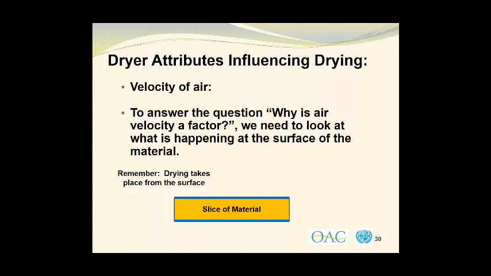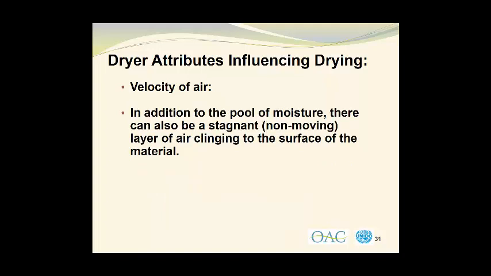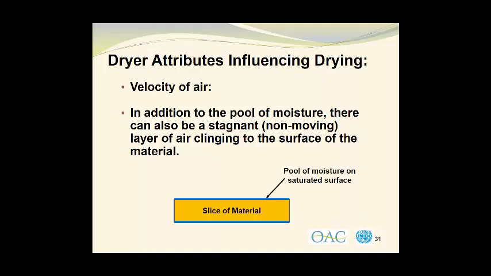Here we have a slice of material with a pool of moisture on the saturated surface, and that is the location from which the moisture is going to be removed, and that's where all the action is. In addition to the pool of moisture, there can also be a stagnant or non-moving layer of air that clings to the surface of the material.